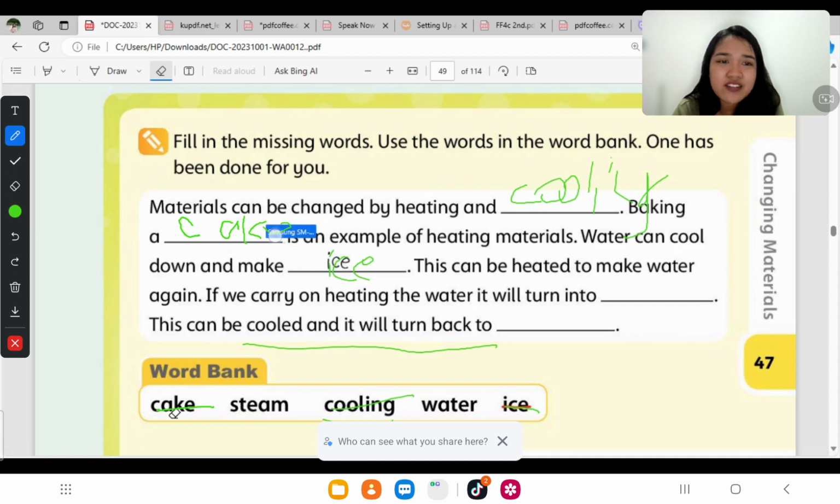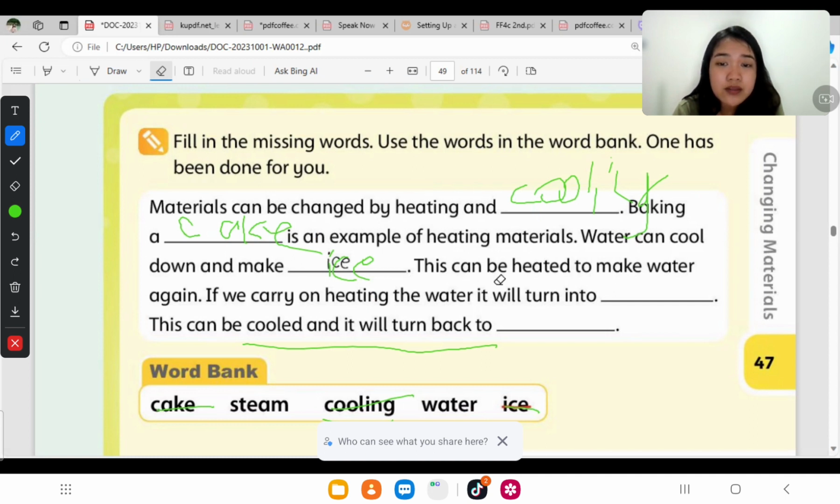Baking a cake is an example of heating materials. Water can cool down and make ice.